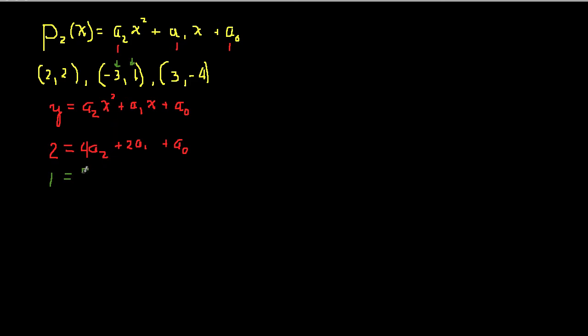So I have 9a2 plus negative 3a1. So I want to take out that plus sign and write a minus sign. So I get negative 3a1 and then plus a0.